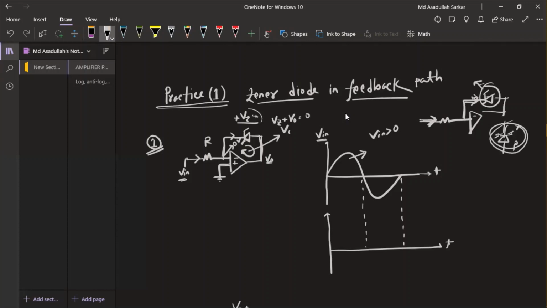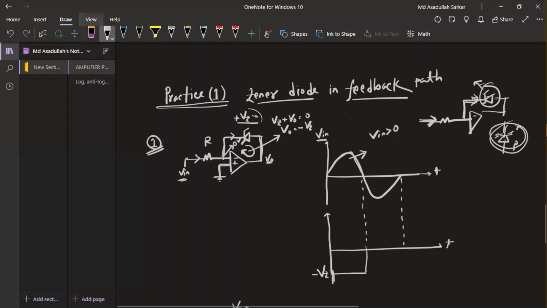So V output will be equal to minus Vz. So for the positive half cycle, the output will be minus Vz. Okay, so this is for the positive half cycle.